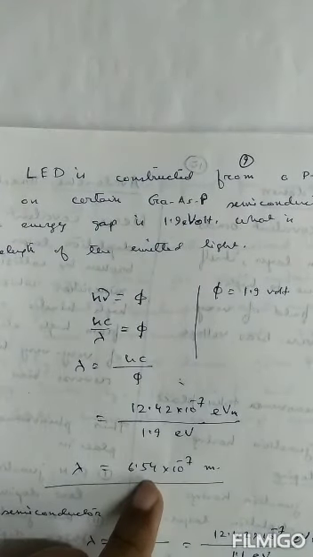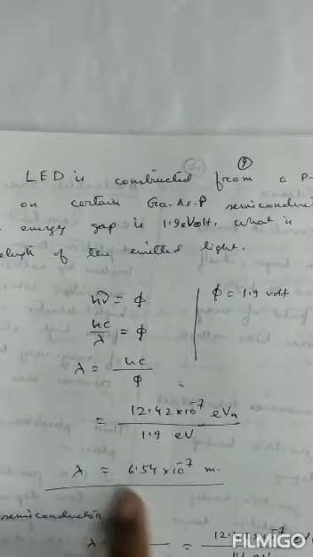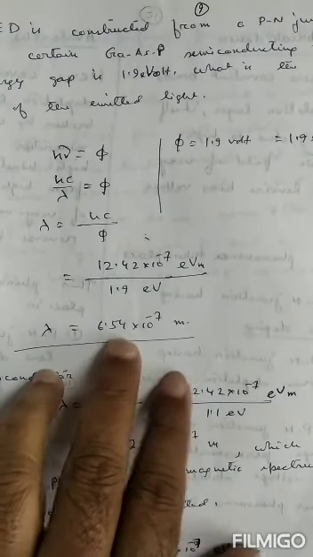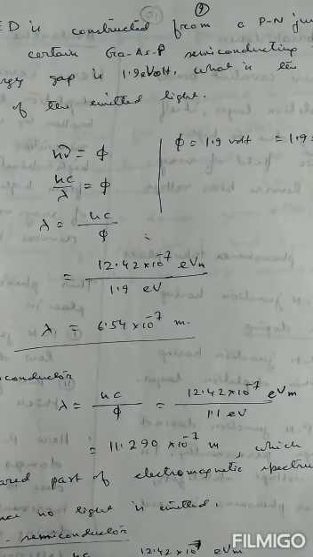What is the wavelength of light emitted? So h nu is equal to E. Nu means c by lambda. So here we get lambda is 6.54 into 10 to the power minus 7 meter. Okay?